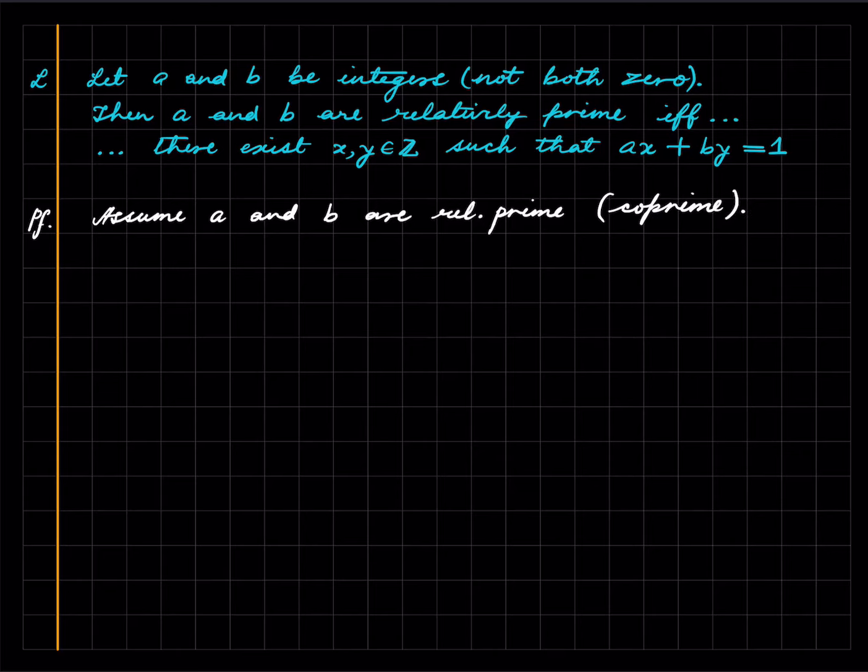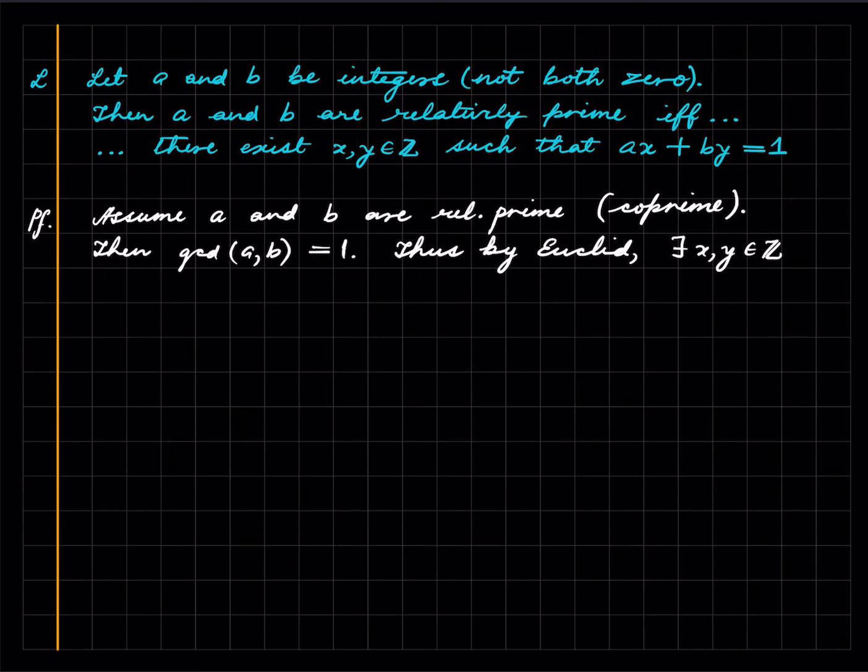So if a and b are relatively prime, then by definition their GCD is 1. So thus by Euclid, there exist integers x and y such that ax plus by is 1. So this implies what we needed. In the other direction, assume ax plus by is 1.